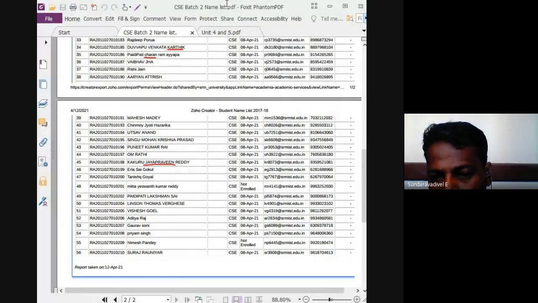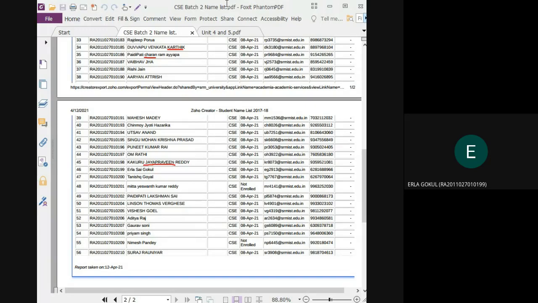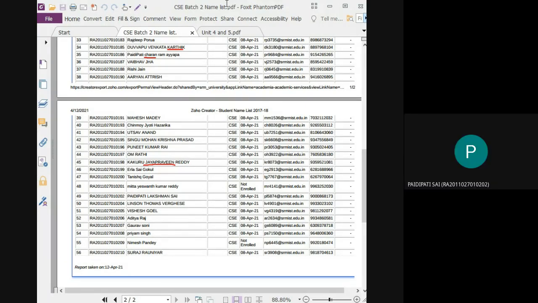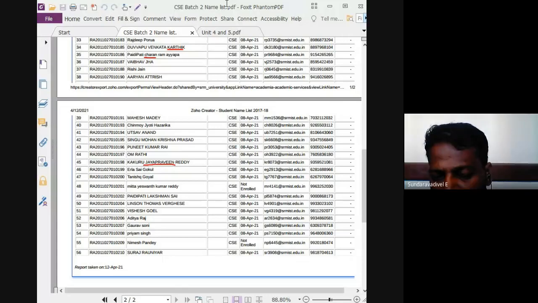Om Rati, present, sir. Jaya Praveen, 198, present, sir. Sai Gokul, present. Lakshman Sai, present, sir.